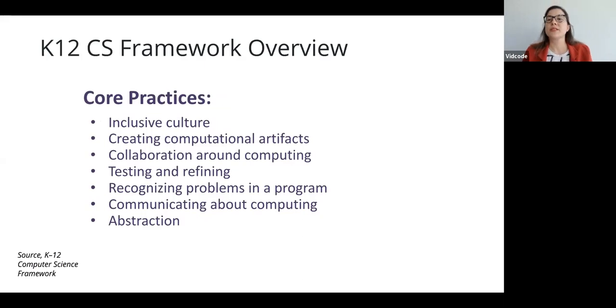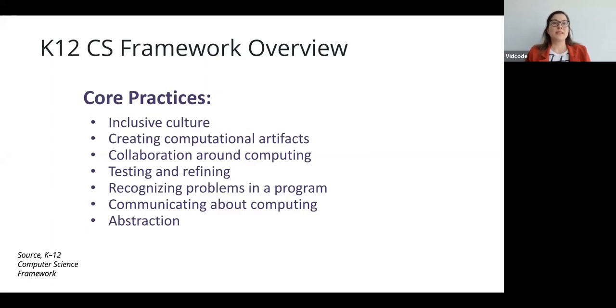There's also a cultural side to the standards, and we see that across the states. I've listed some of those core practices here, which, as curriculum writers on the Vidcode team, we try to bake into each step, each online tutorial, or at least have it covered in every 10 to 20 hours of our curriculum. And so: inclusive culture, creating computational artifacts.